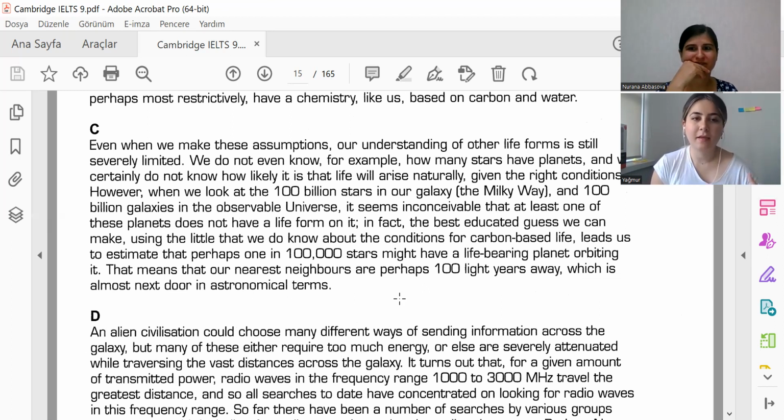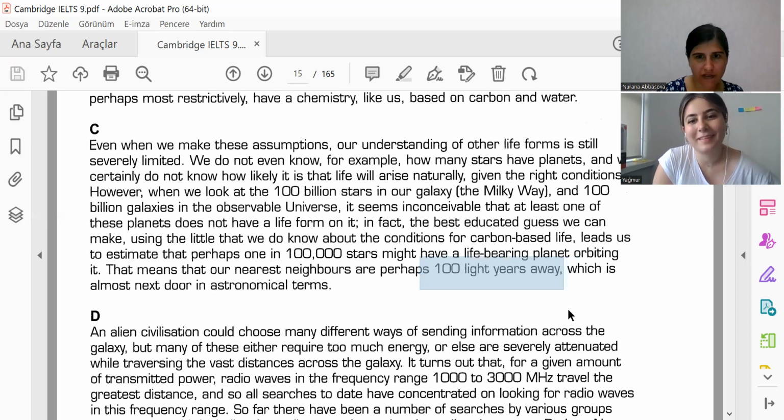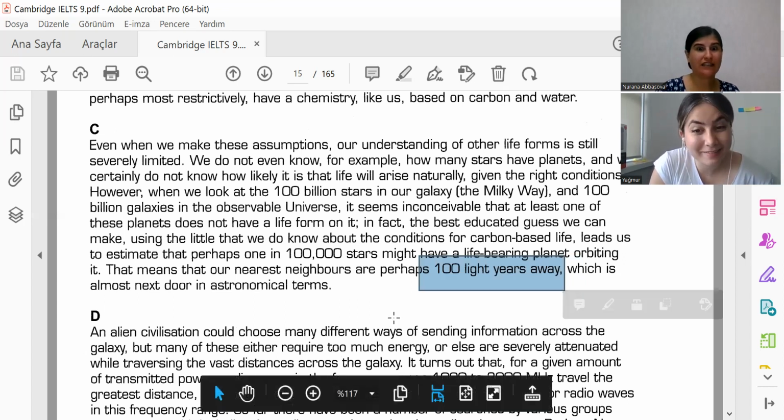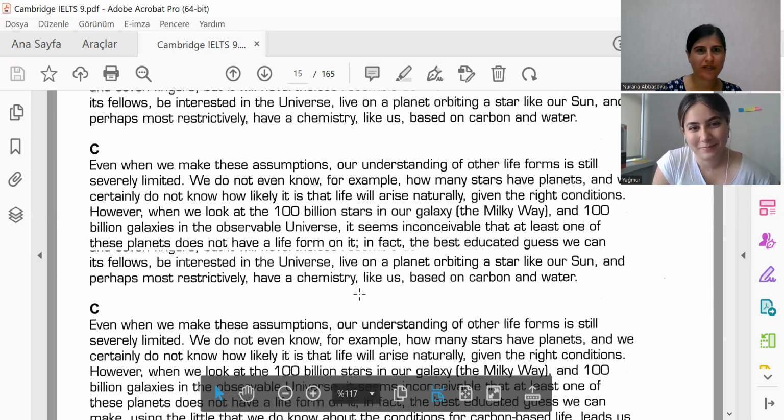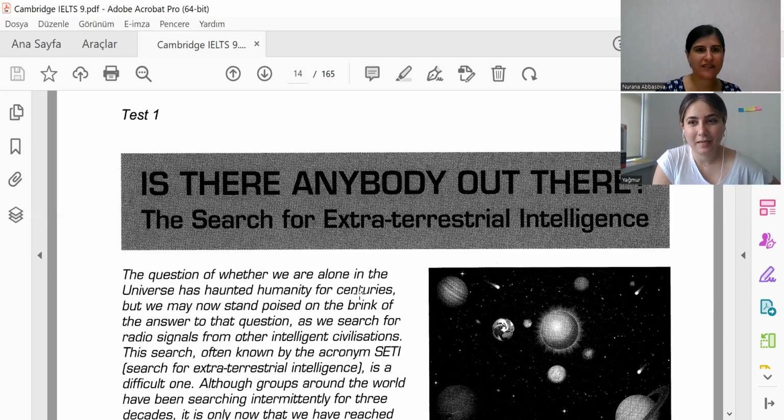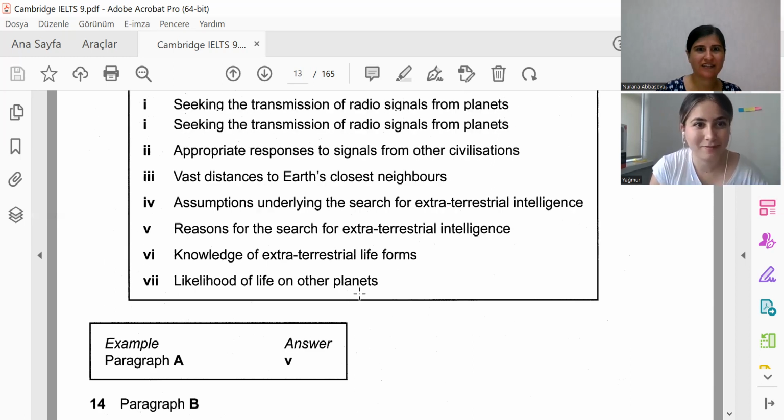We don't have enough information to be sure that there are no other life forms. And even if there are, we have to go how many years? 100 light years away. Yeah, it is a big number. And it's impossible for now.